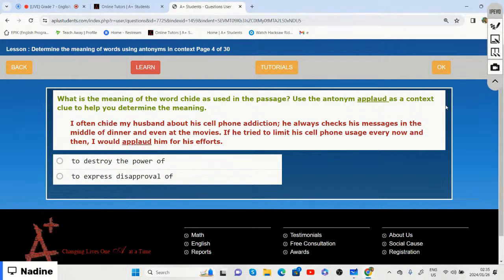So we also need to use the antonym applaud as the context clue to help determine the meaning of the word. I think applaud is like to express approval, that is when you're applauding something. So I'll assume that the antonym, the opposite meaning, is to express disapproval of something.